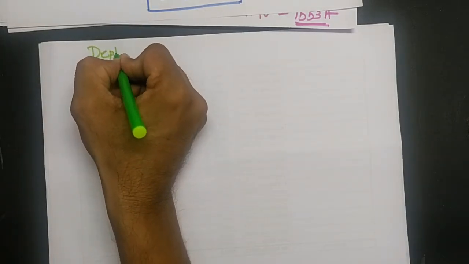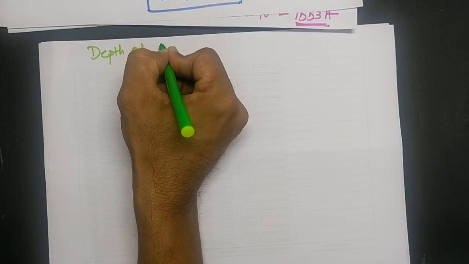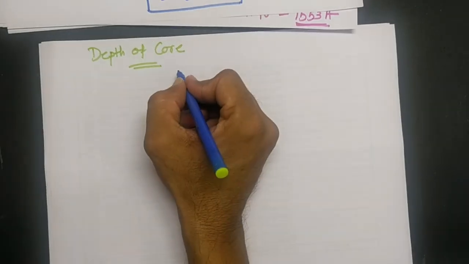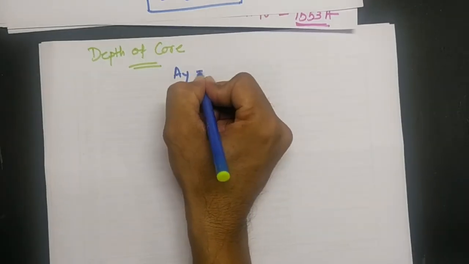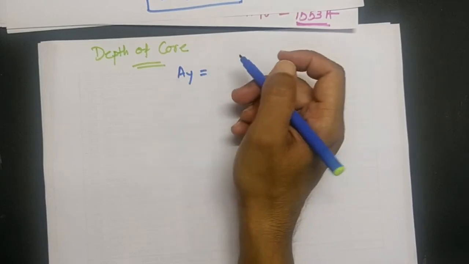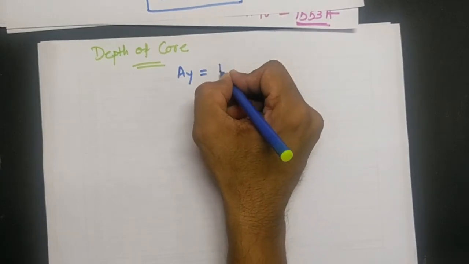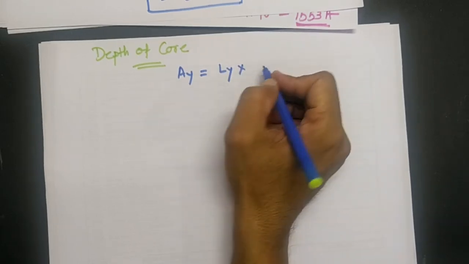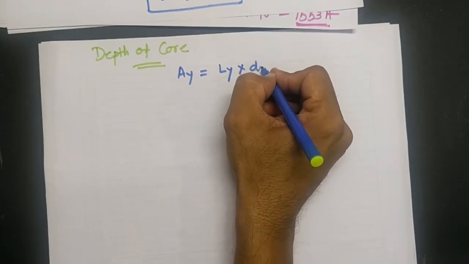Now at last we have the depth of the core. Again, to calculate the depth of the core, we need the area of the yoke, that is Ly, the length of the yoke, and the depth of the yoke.